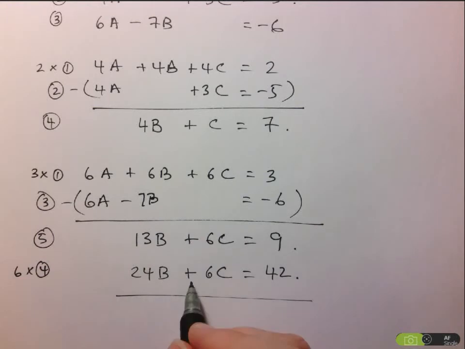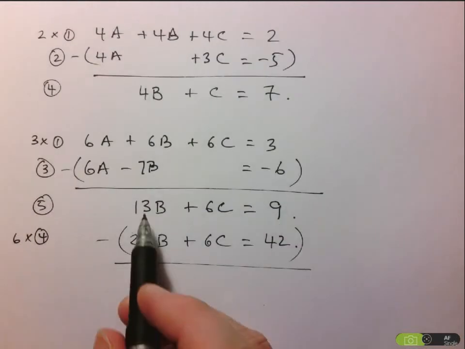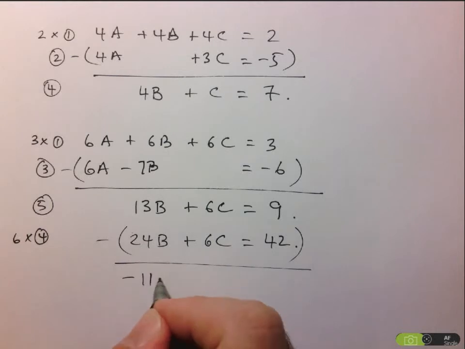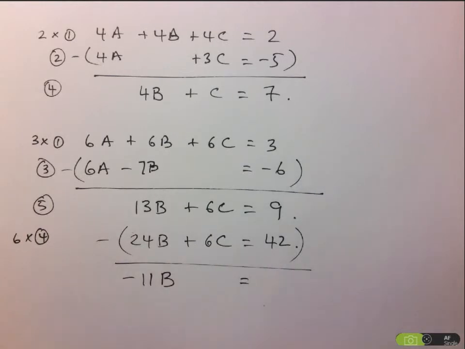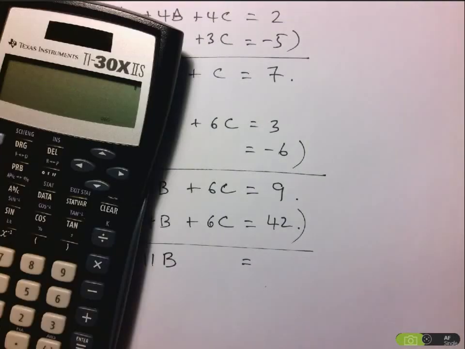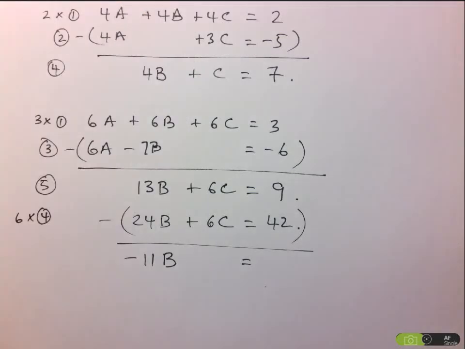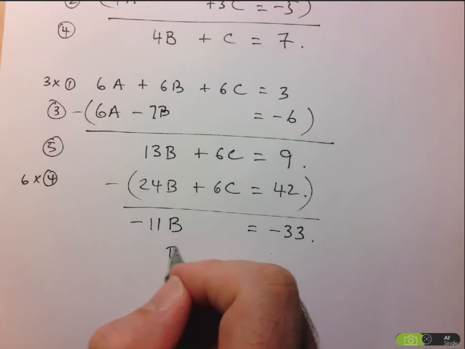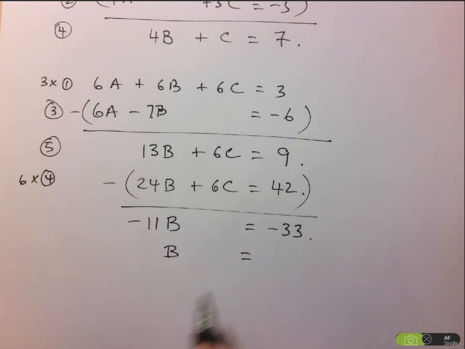Here we will subtract the equations since the signs are the same. So 13 minus 24 should be -11b. And then 9 minus 42, which I think is 33, but let me just check that. Okay, -33, good. Again, if you're hesitating at all, just check. And then I can solve for b, so dividing by -11, b is equal to 3.